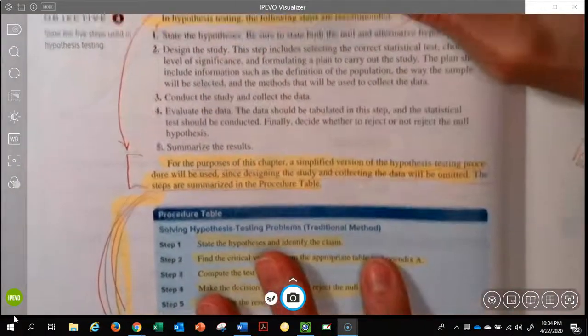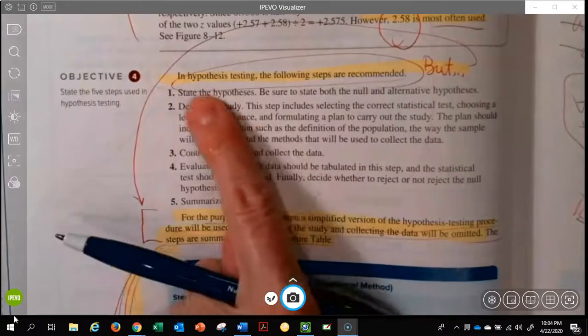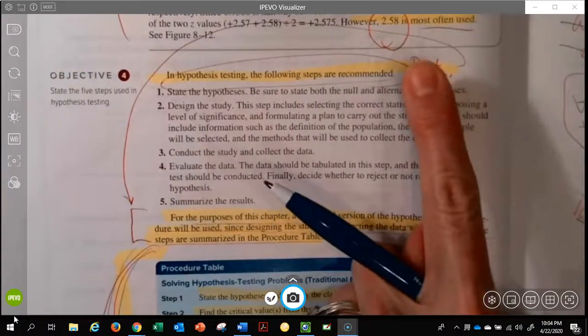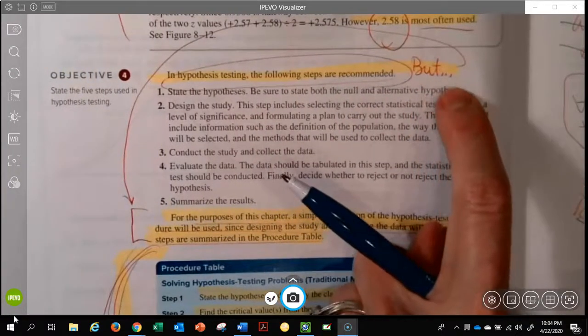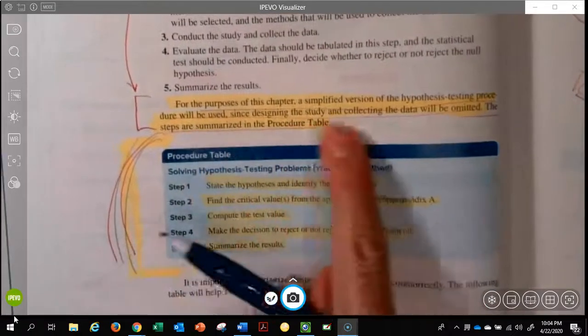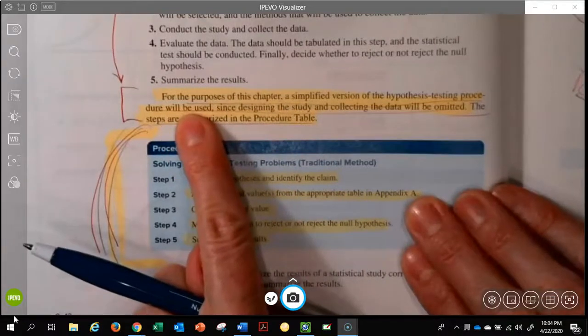And then we'll go right here, get your highlighters, a lot of stuff going on. In hypothesis testing, the following steps are recommended. Big, fat, but, right down here: for the purposes of this chapter, a simplified version of the hypothesis testing process will be used. That's us.